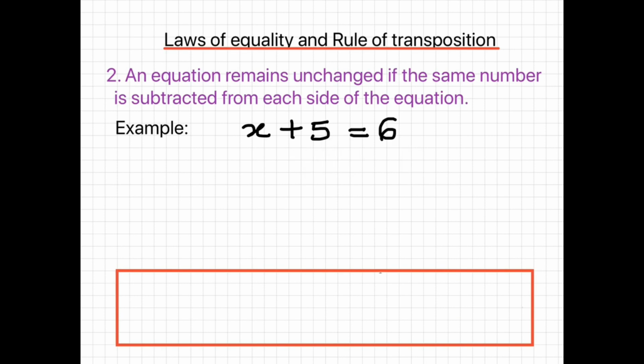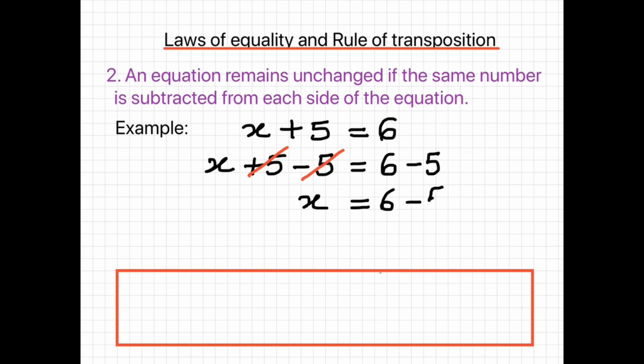So this implies that x + 5 - 5 = 6 - 5. We all know that plus 5 and minus 5 is equal to 0. So it gets cancelled. So this implies that x = 6 - 5. That is, x = 1.